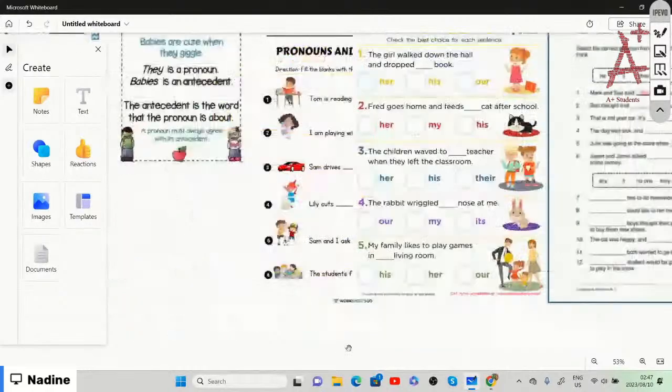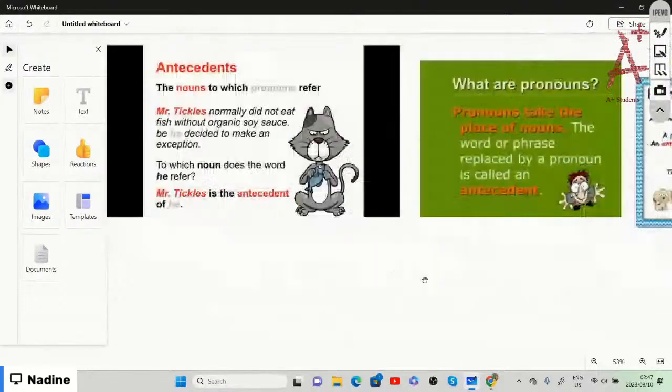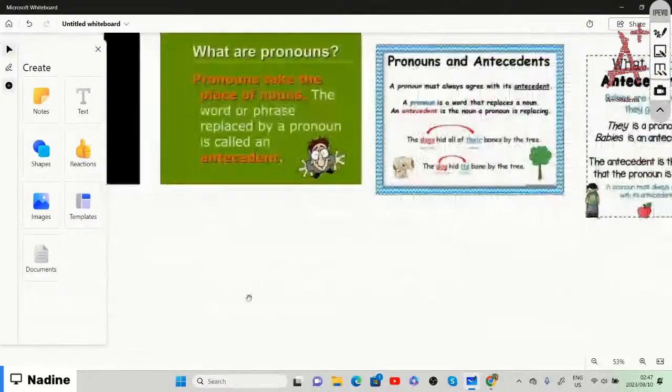And that is pronouns and antecedents. We said a pronoun must always agree with its antecedent. A pronoun is a word that replaces a noun or a noun phrase, and the antecedent is the noun a pronoun is replacing.